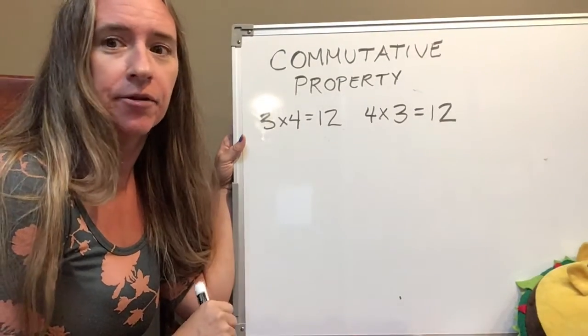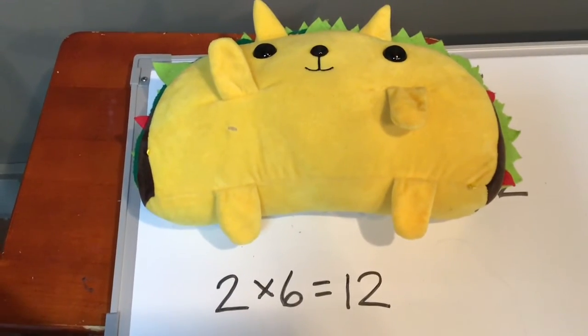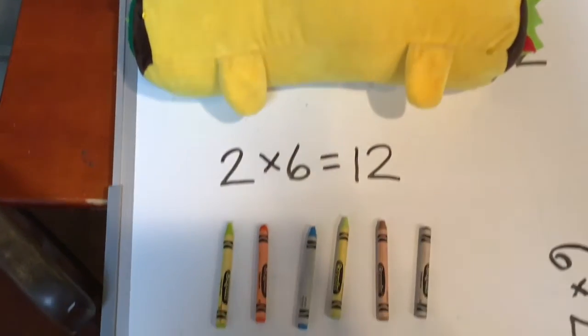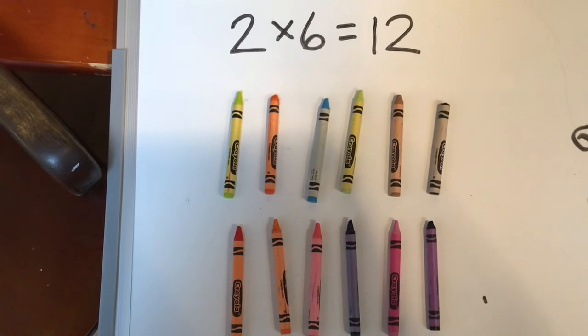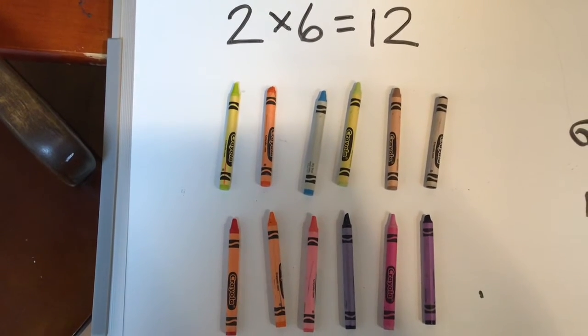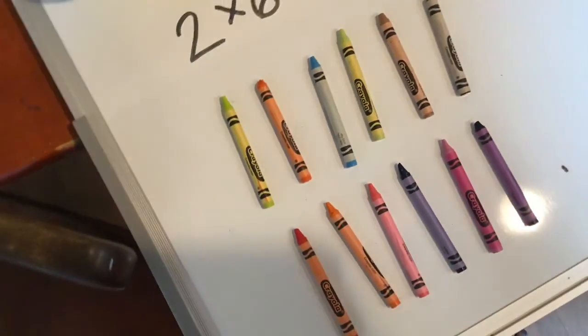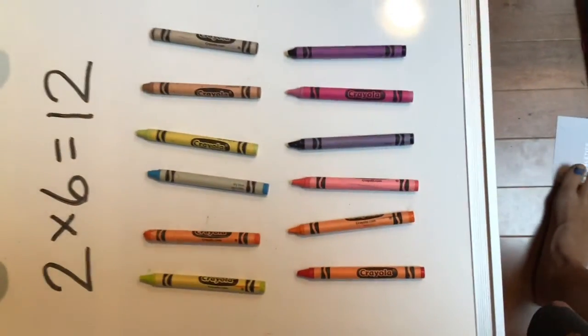Let's look at it another way. Hey, Taco Cat. So let's look at an array for 2 times 6 equals 12. I've made an array of crayons here. I have 2 rows with 6 crayons in each row. Now, watch what happens. Whoa, whoa, whoa.